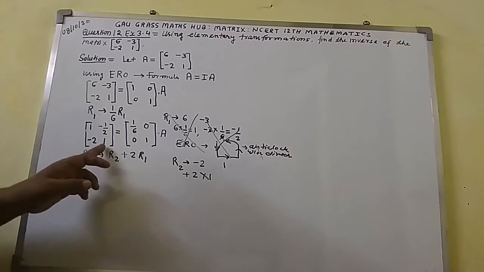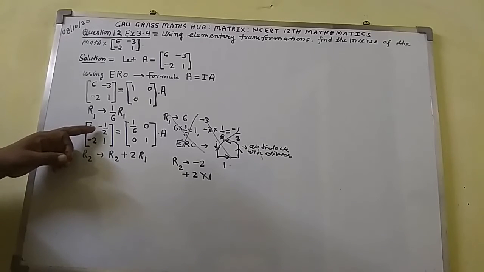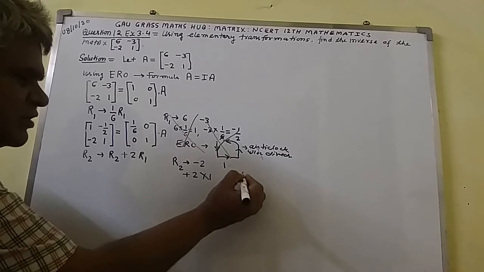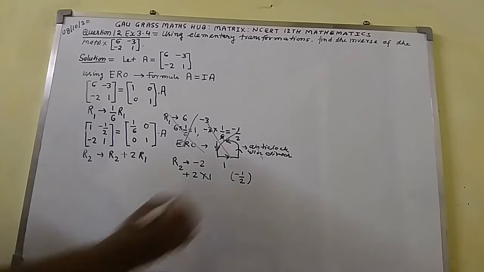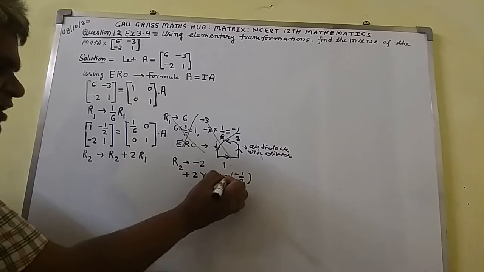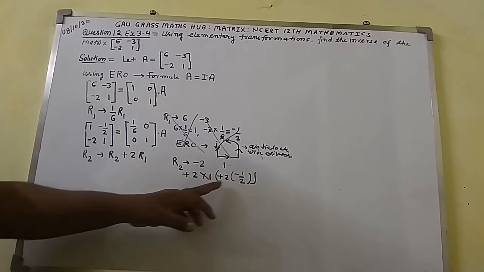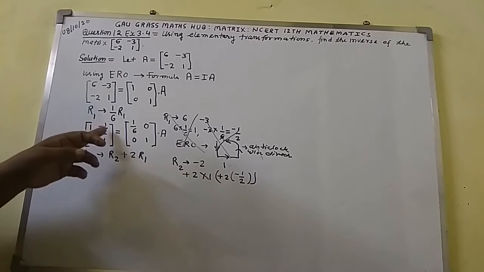And for this one, the respective element of 1 in the row R1 is -1/2. So here I shall write -1/2 and plus 2 is there. 2 will multiply. I have written plus 2, and in place of R1 I shall write -1/2.